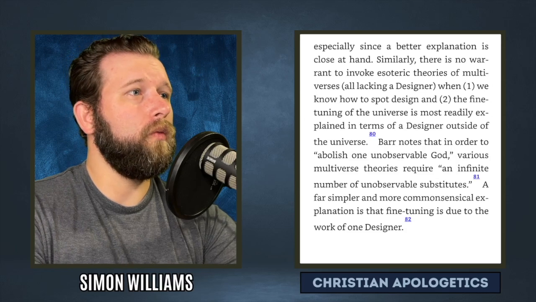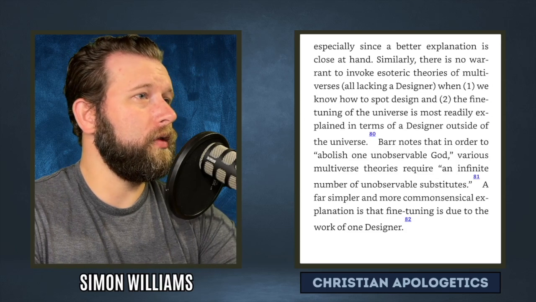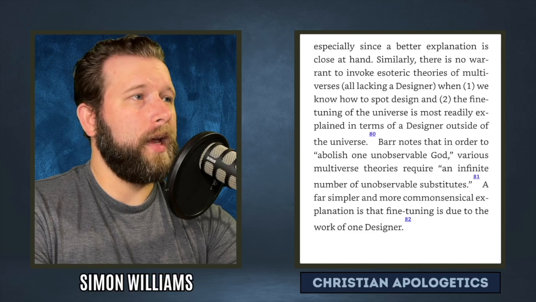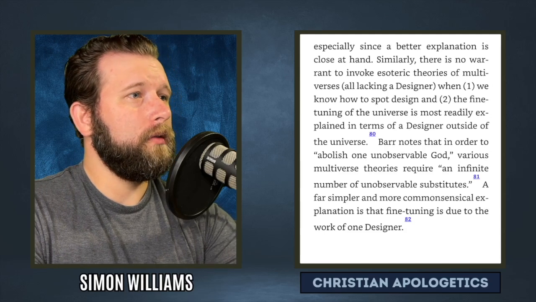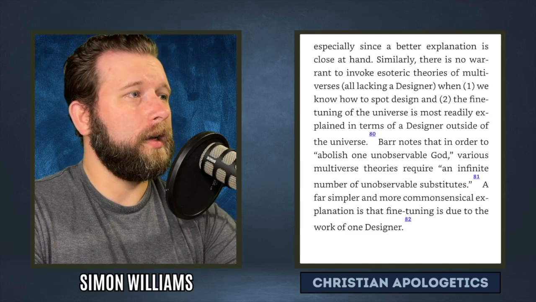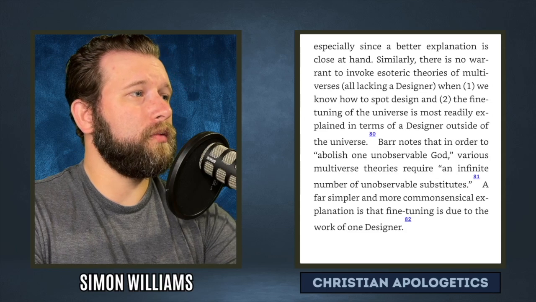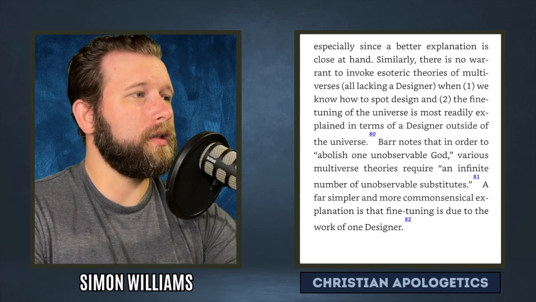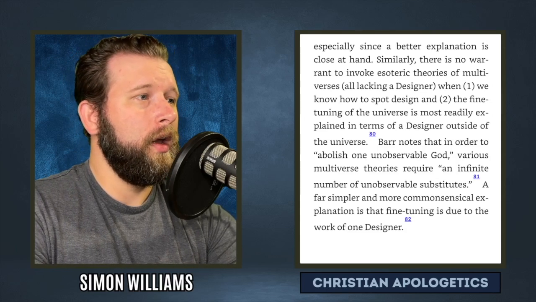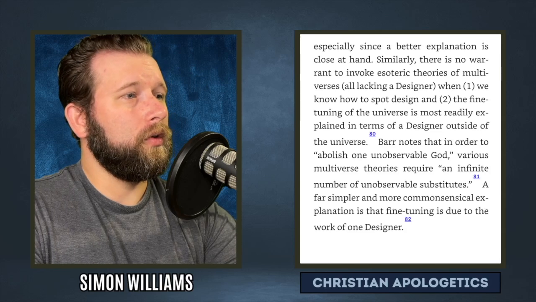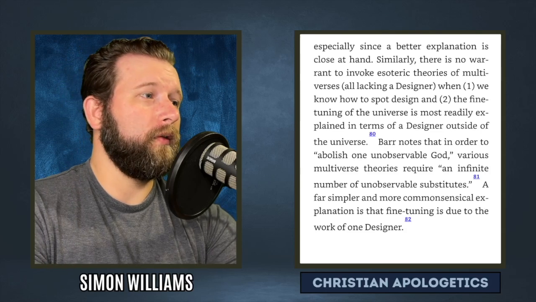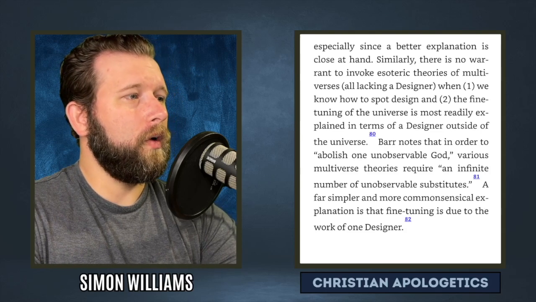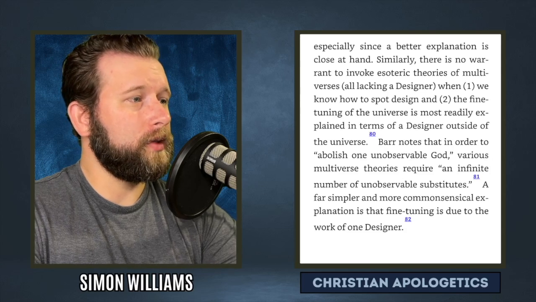Similarly, there is no warrant to invoke esoteric theories of multiverses, all lacking a designer, when, one, we know how to spot design, and two, the fine-tuning of the universe is most readily explained in terms of a designer outside of the universe. Barr notes that in order to abolish an unobservable God, various multiverse theories require an infinite number of unobserved substitutes.